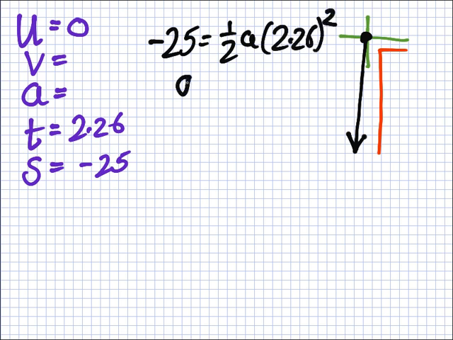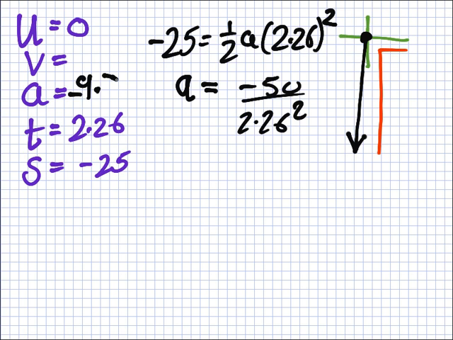So the A here is minus 50 over 2.26 squared. What's that? 9.789.